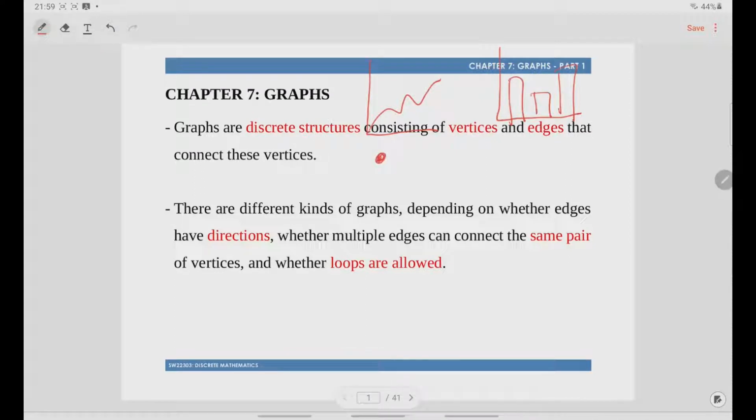If you have more than one vertex, we call them vertices, and the lines connecting these vertices we call edges. All right. So there are different kinds of graphs depending on whether edges have directions or not, whether multiple edges can connect the same pair of vertices or not, and whether loops are allowed or disallowed. So depending on the condition, we can categorize the different kinds of graphs.